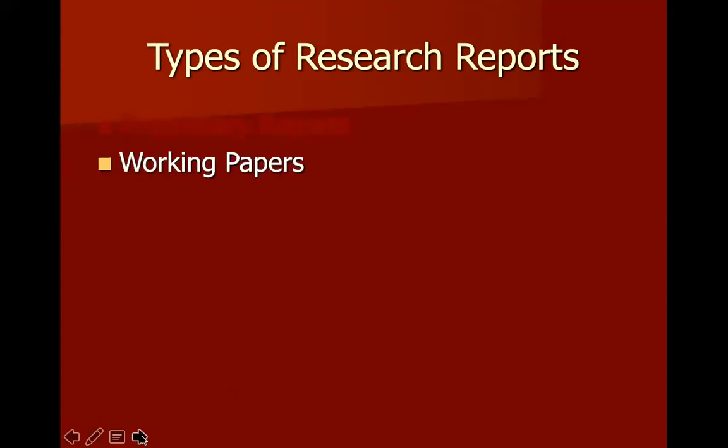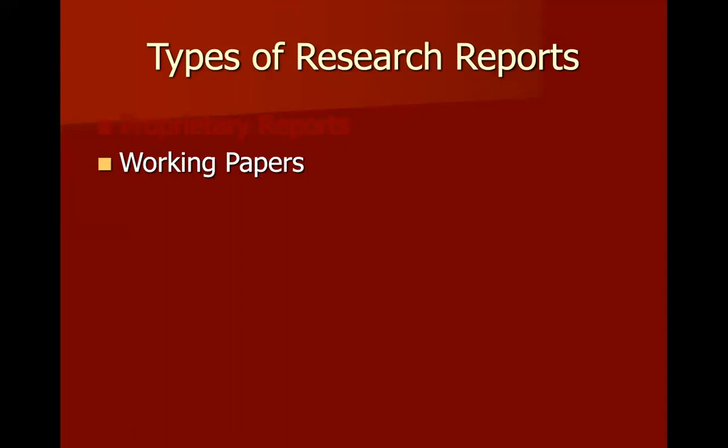Then we have working papers. So working papers are when you're trying to figure out how to solve a particular problem, or some organization has a challenge and they want you to do a little bit of research to help them, and then you can write a working paper.